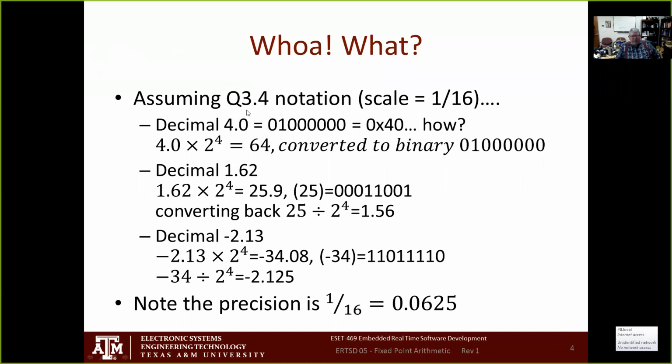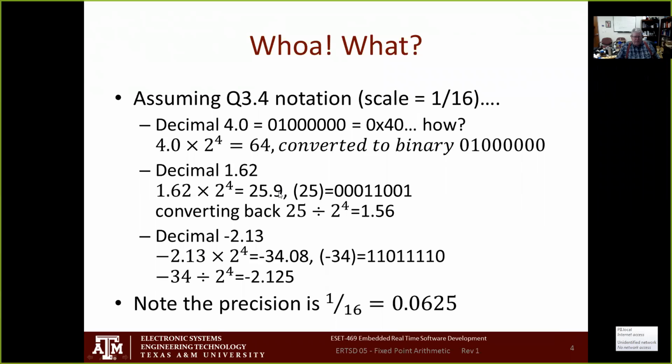So let's say using that same notation, I wanted to represent the value 1.62. So again, I'm going to multiply it times that scale factor, okay? 1.62 times 16. And that's going to be equal to 25.9. Now, as it turns out, because of the necessities of dealing with fixed point processors, not fixed point, but basically integer processors, integer math, we're going to always truncate when we are converting in this.